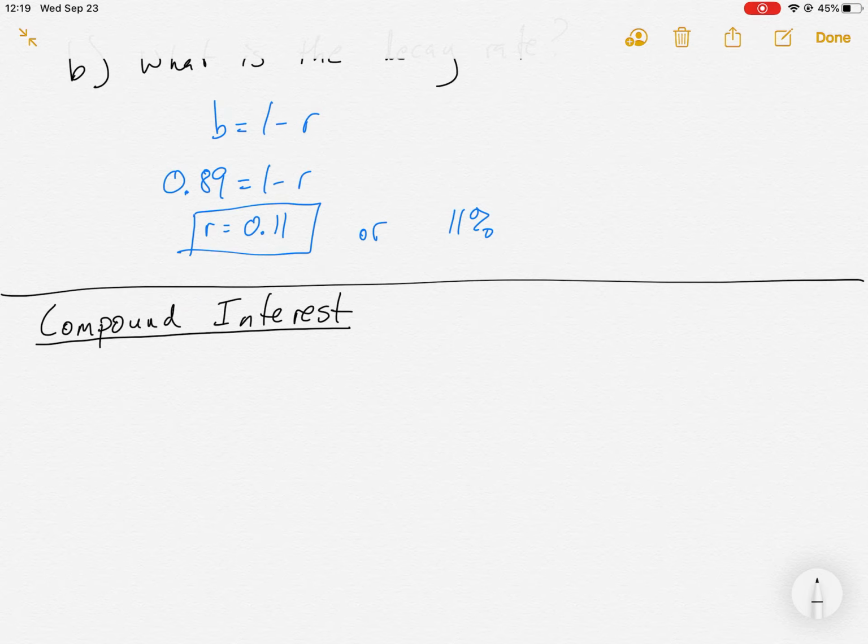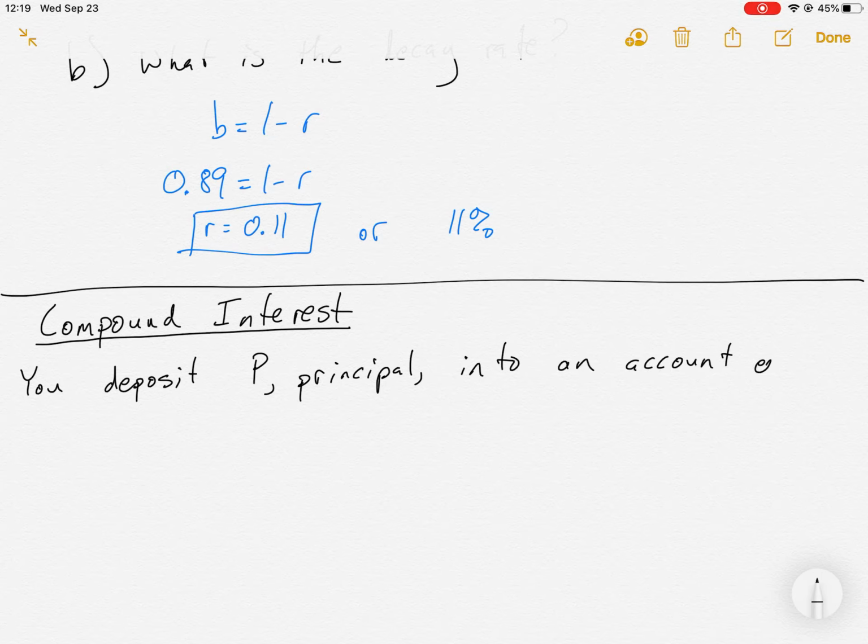So here is the setup. You deposit some amount of money, which we'll call capital P, stands for principal, into an account earning an interest rate of R, and you leave it in there for T years.